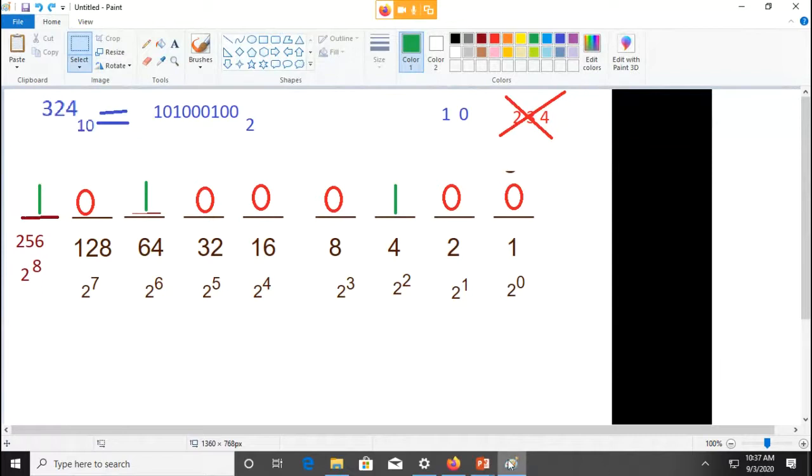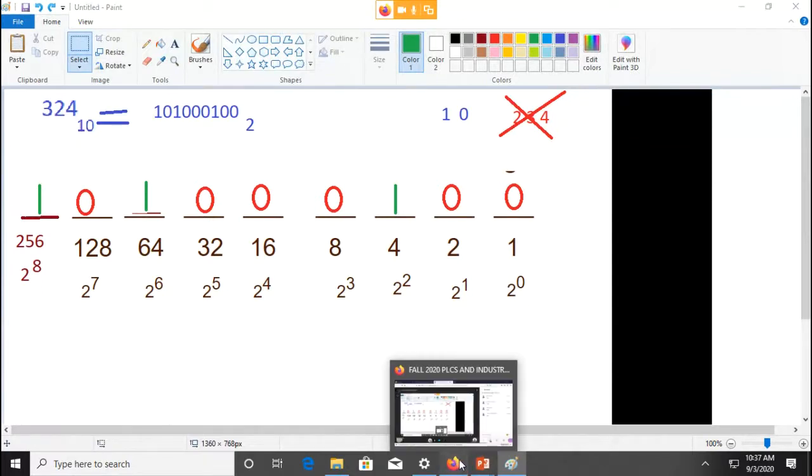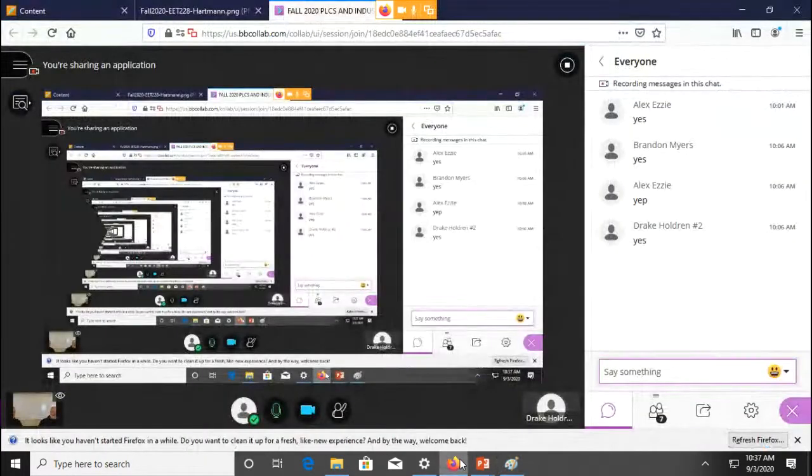So, are there any questions there? Anybody have any questions on how to convert from decimal to binary or binary to decimal?